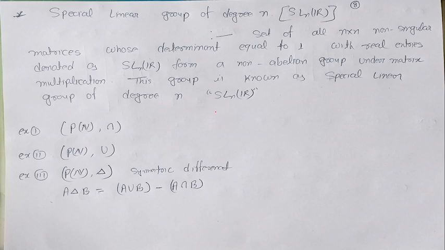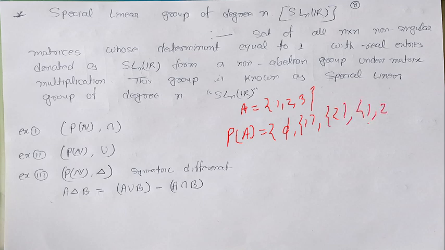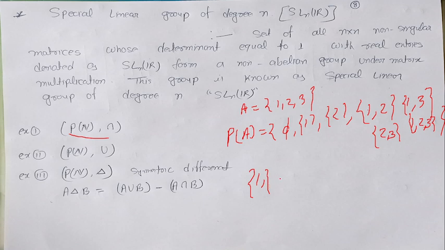Let's take three numbers. Set A equals {1, 2, 3}, and their power set has the elements phi, {1}, {2}, {3}, {1,2}, {1,3}, {2,3}, {1,2,3}. These are all the possible subsets. And if you take the intersection of {1} and {2}, the intersection is phi.